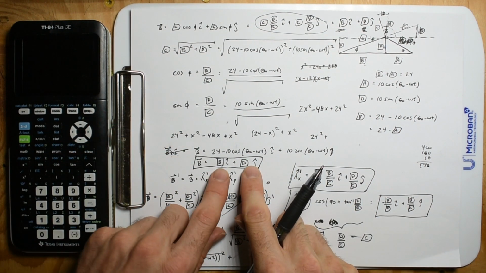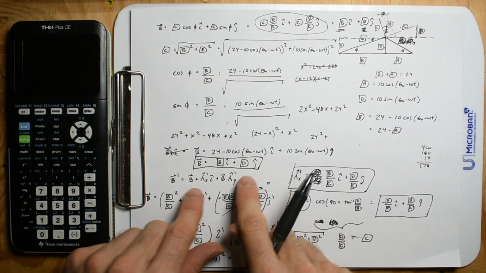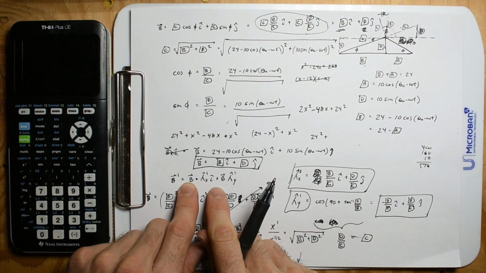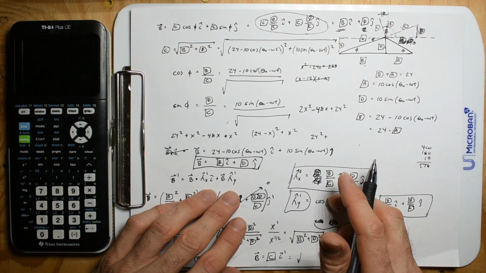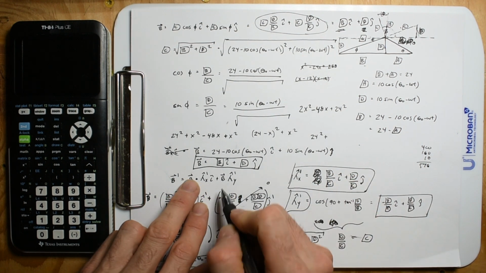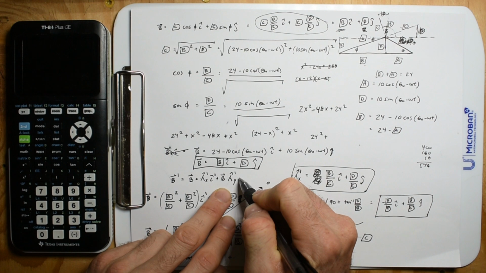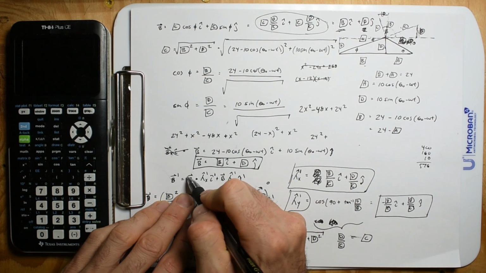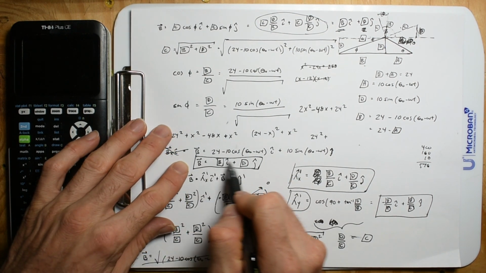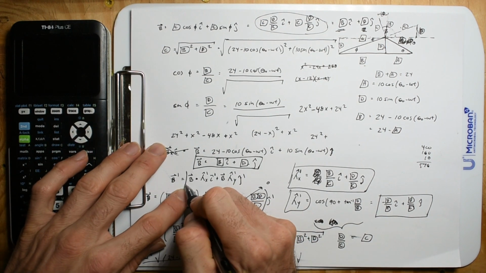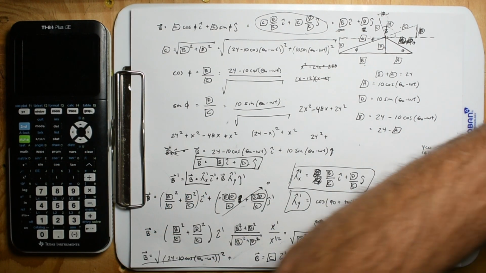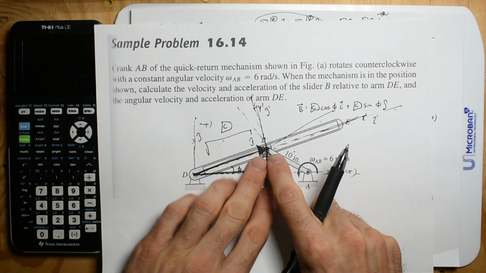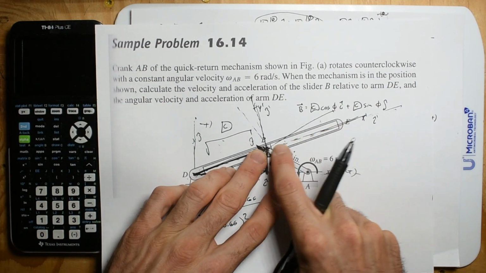What we do is we have to dot it with a unit vector in this direction, and you have to do this twice, which is kind of a bummer. That's why I have it twice.